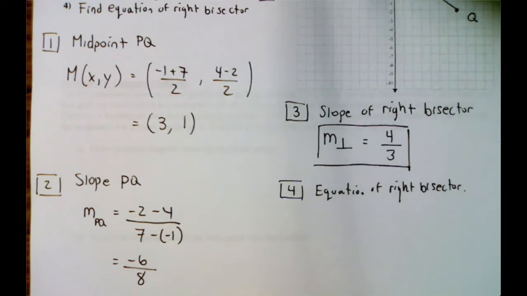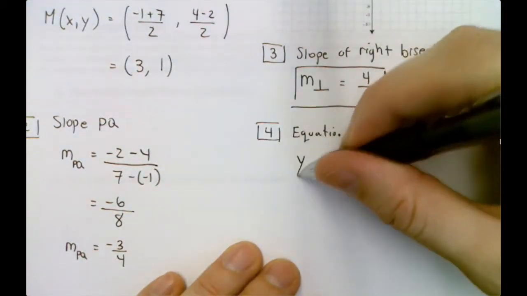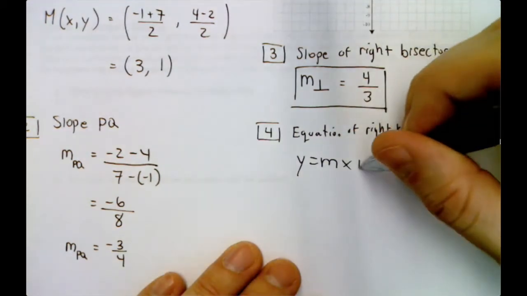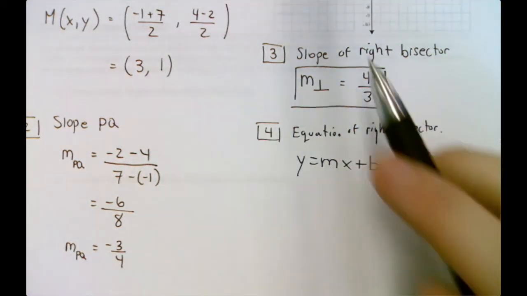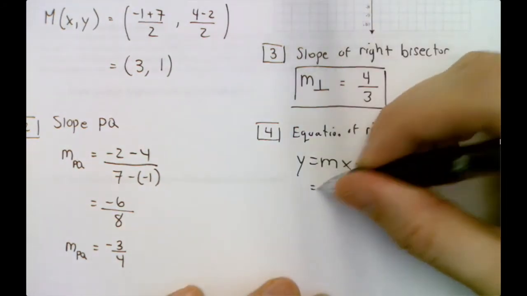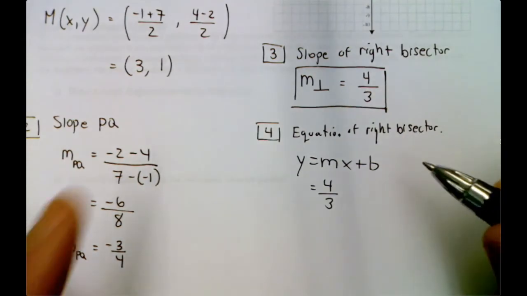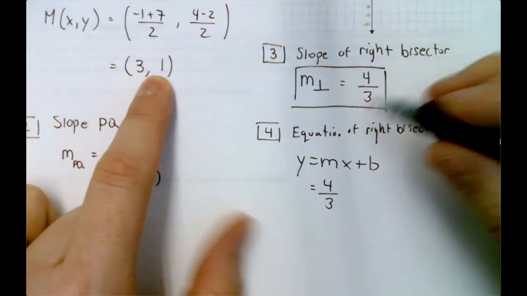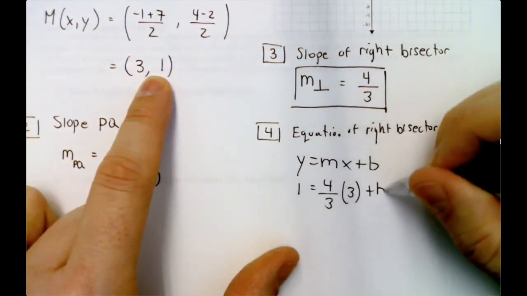Like all lines, it's going to be y equals mx plus b. So start with y equals mx plus b. What of this information do we know about our right bisector? Well, we know the slope is 4 over 3. We don't know the y-intercept, but we know the point (3, 1). 3 for x, 1 for y, plus b.